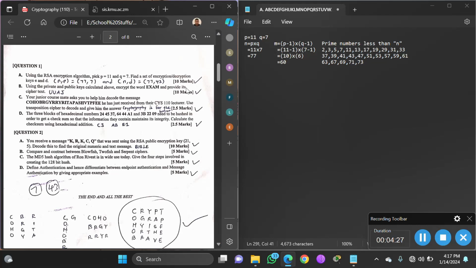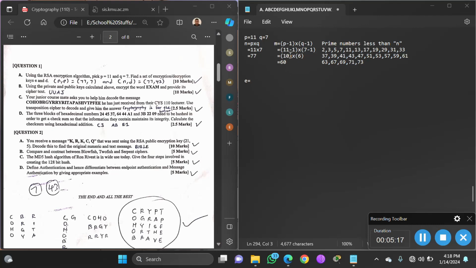Okay, so now we need to know the value for E. For us to know the value for E, we need to understand how to find E. The value for E is a prime number from this list, and it should give you a remainder of 0 if you divide it into n, but should not give you a remainder of 0 if you divide it by this m.